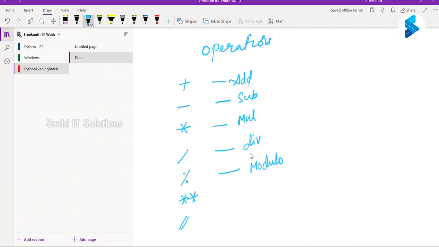But what does it do? So what is the difference between a slash and a percentage? Whenever you do a division, you will always end up with two values.